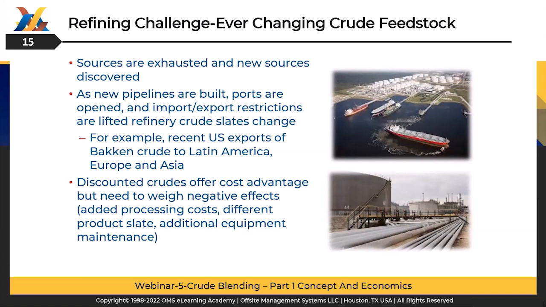Also, discounted crudes offer a cost advantage, but you have to weigh buying a cheaper crude against increased processing in the refinery. We're talking about both heavy crude and sour crude, and we'll see more of the impact as we go along.